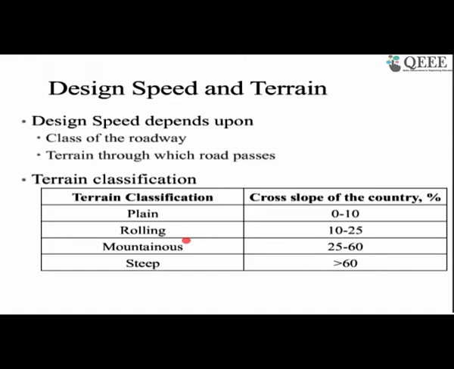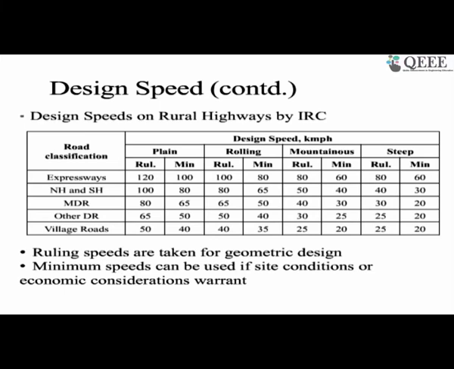Again, the speed depends on the category or classification of the road. We have various classifications, national highway, state highway, and based on that, IRC provides this speed classification. So here you see the terrain type, plain, rolling, mountainous and steep, and here you find the expressway, national highway, state highway, and then based on that you choose the speed.